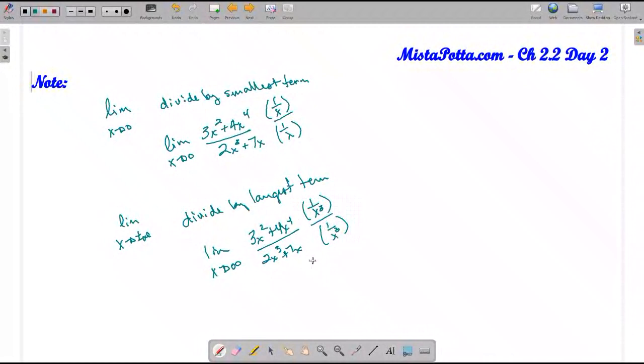And of course, that's because 1 over x goes to 0, 1 over x squared goes to 0, and so forth, as x increases without bound.